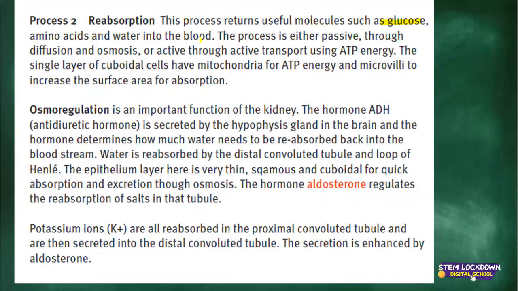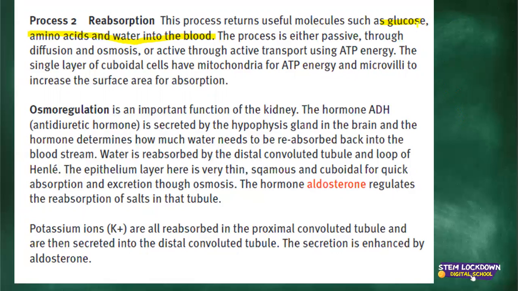Remember, they were separated during ultrafiltration. So now it is returning the useful molecules because they were sieved and they moved out into that capsular space, right? But now the blood can't just go out with nothing. So what happens?